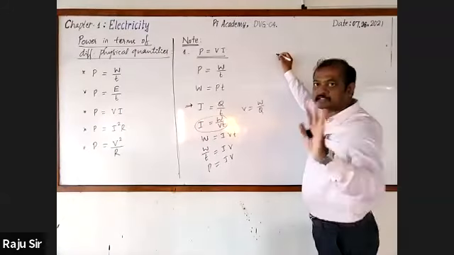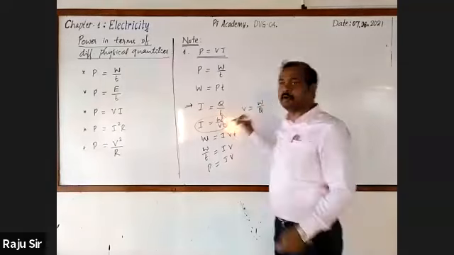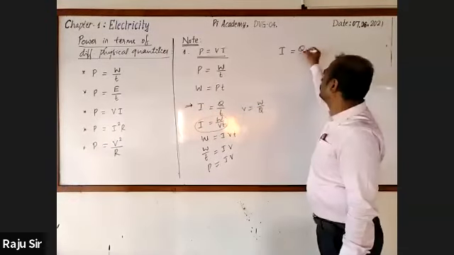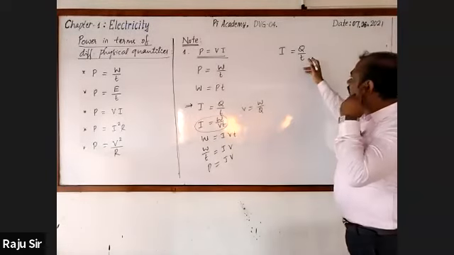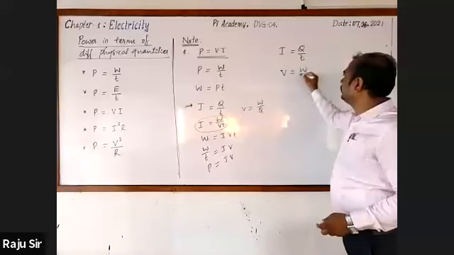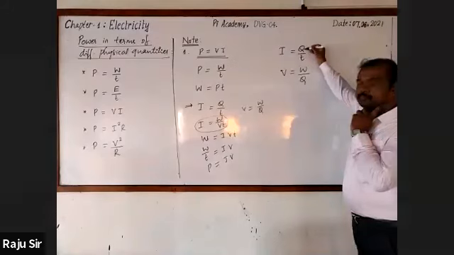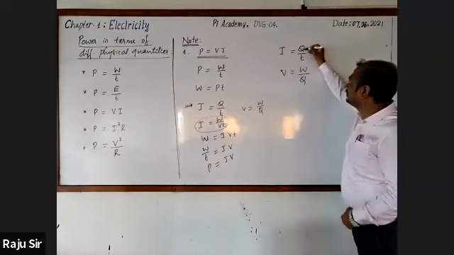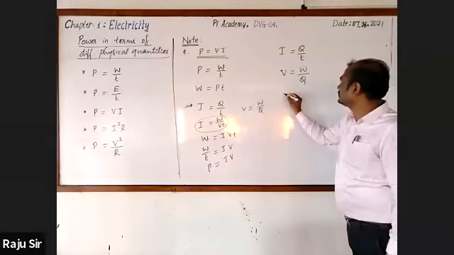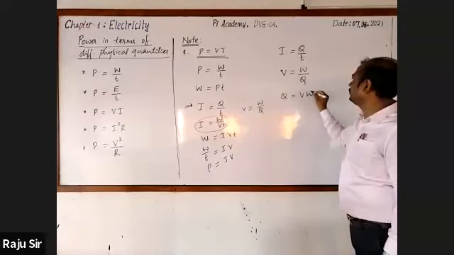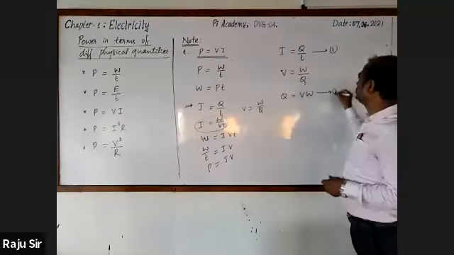It's very simple. Just observe here. Students, to derive this, we will use the current formula, that is, I is equal to Q by T. And we all know that V is equal to W by Q. Let me solve for Q. So Q is equal to W by V. I call it 1, this as 2.